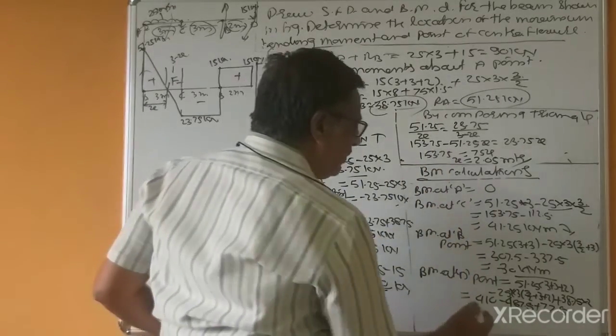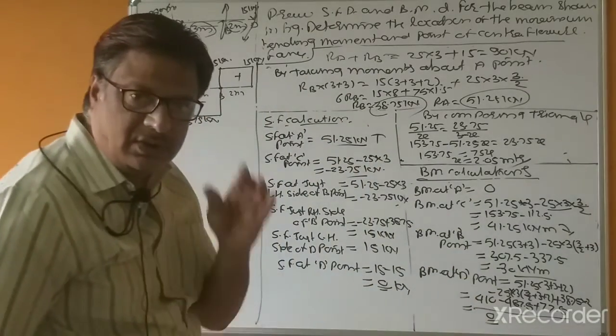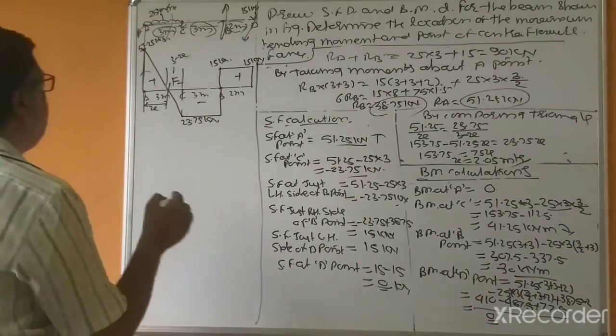So that's why this becomes 0, and you can now draw the bending moment diagram.